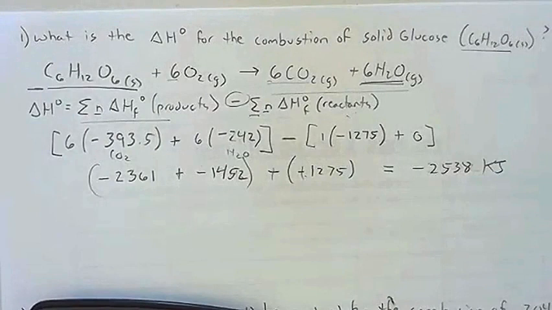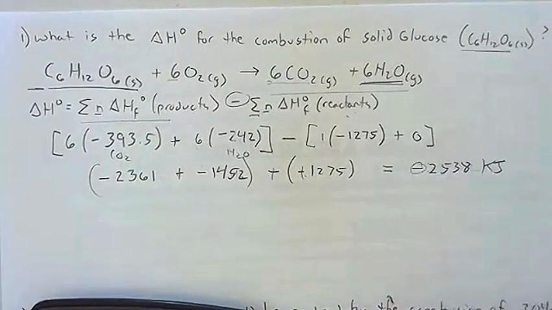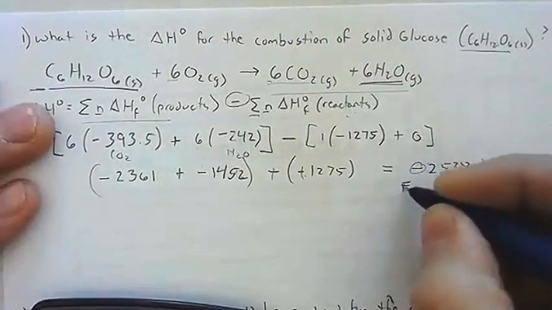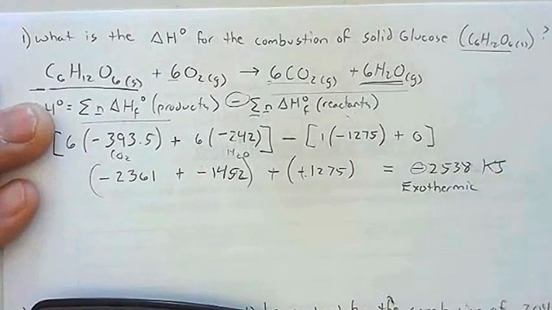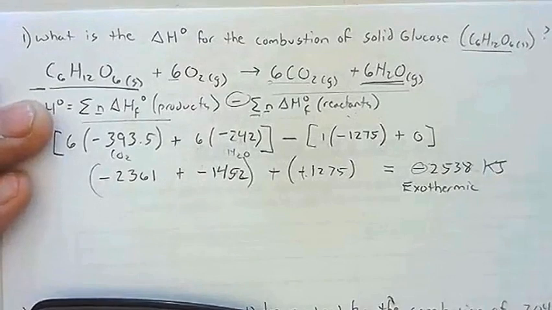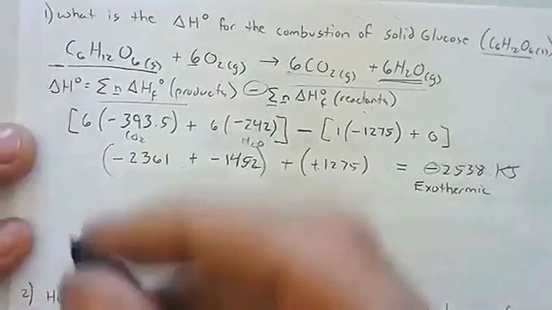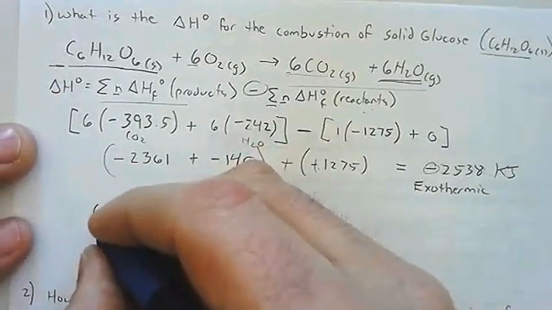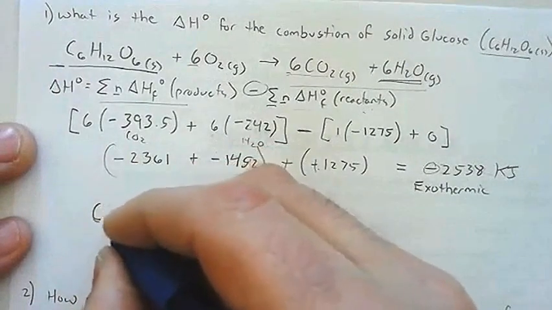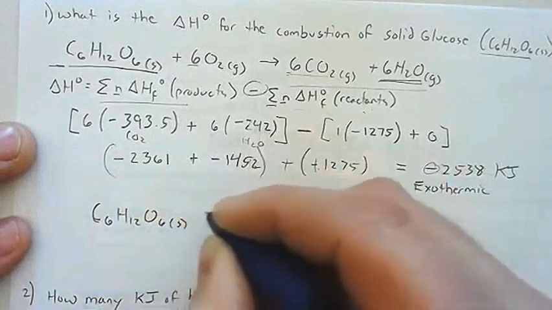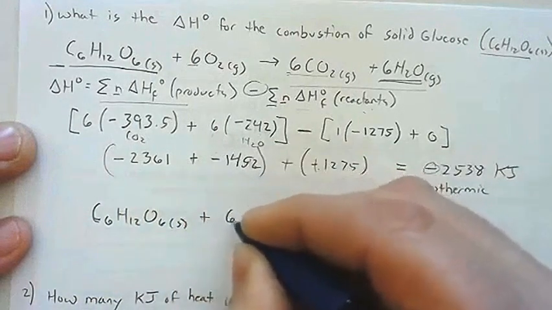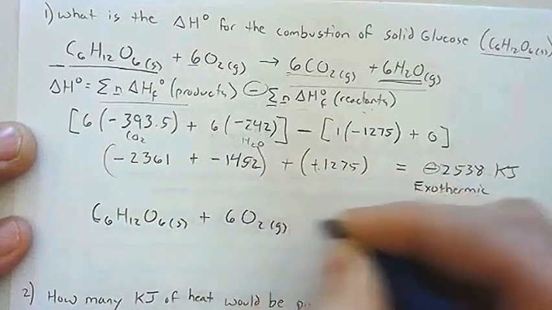Now, the fact that it is negative means that it is exothermic, which means that the heat is being produced. So if I were to rewrite the balanced chemical equation, since the heat is being produced or released, I could simply write it as another product.